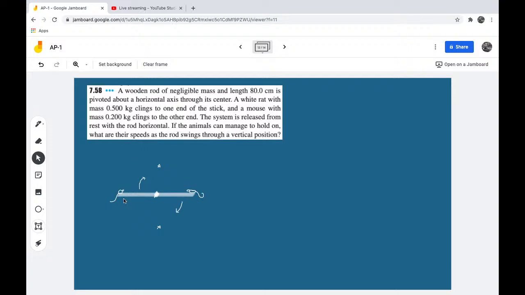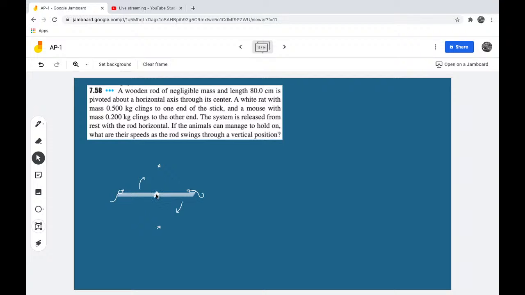Since it's a rigid wooden rod, will each part have the same or different velocity? Remember, the entire rod will have the same angular velocity. That is definite. The linear velocity of the two particles will depend on how far they are from the origin. Now in this case, fortunately, they have the same distance.